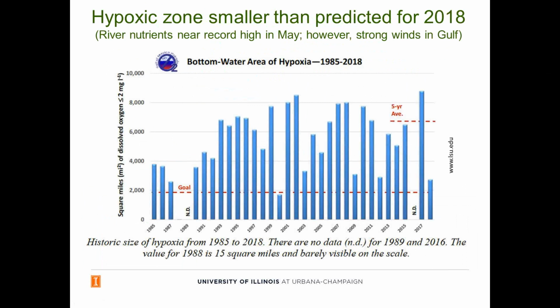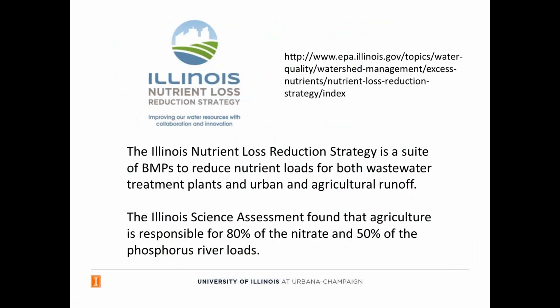But you can see the goal is something that's pretty hard to meet. I guess we get close to it in dry years like 2000 and 2012. But we've got some work to do.